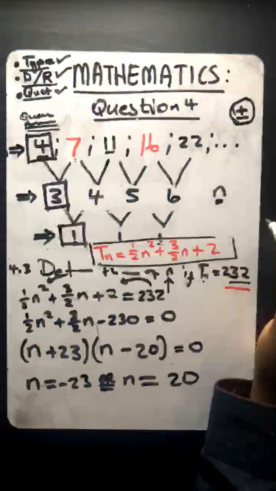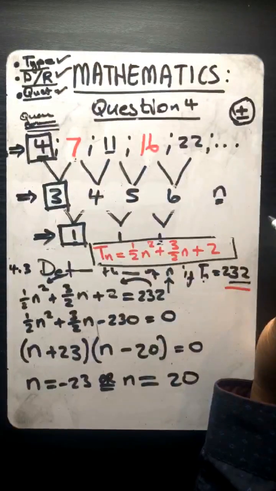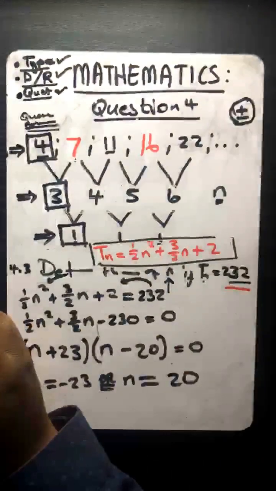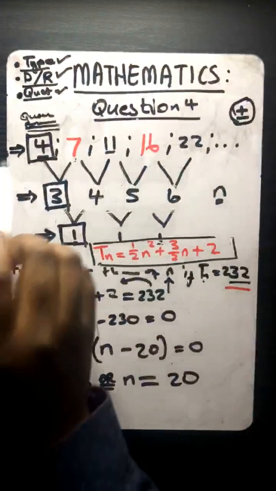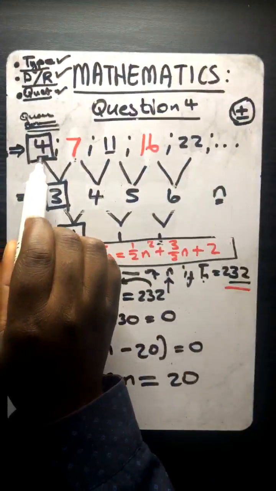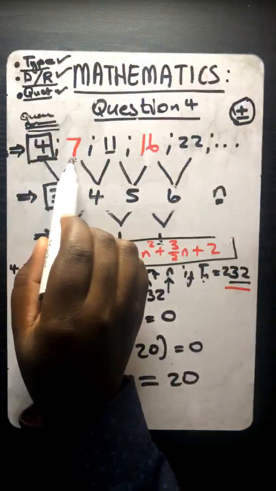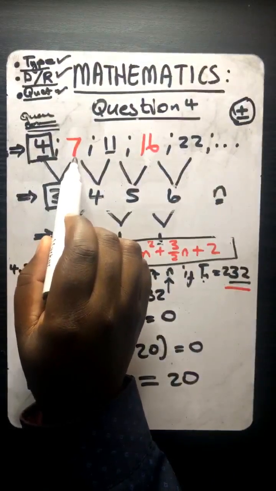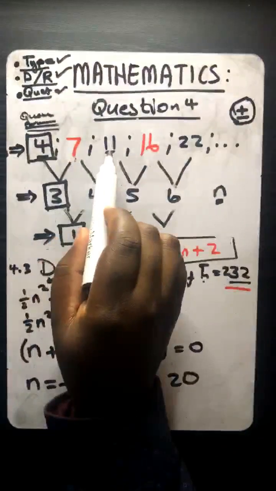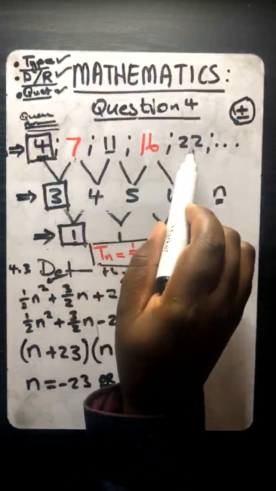N is the position, isn't it? N is the position whereby we know that term number 1 is equals to 4, term number 2 is equals to 7. Term 3 is that, term 4 is that, term 5 is that.